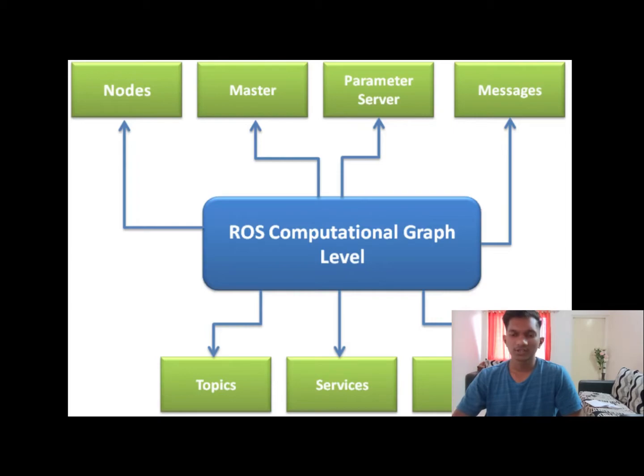Then comes the ROS service. ROS services are the same as nodes, but they have a different structure. ROS services are the services which we need at a particular interval of time, basically when we need to get a service from a particular service provider.